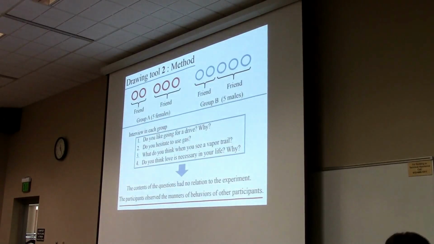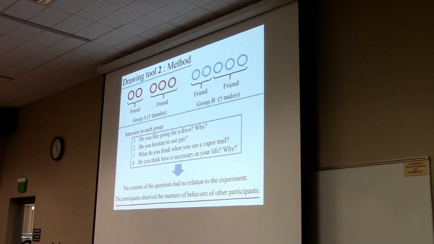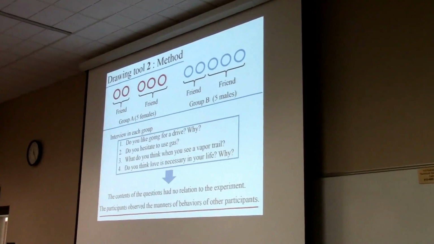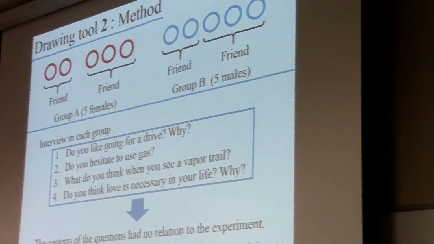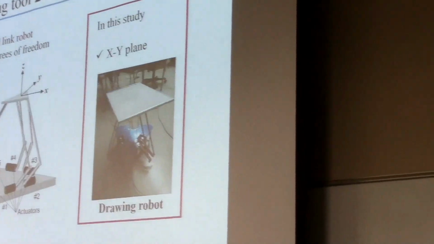So, next, I will explain the experiment method. Participants were 10 university students. They were divided into group A of 5 females and group B of 5 males.